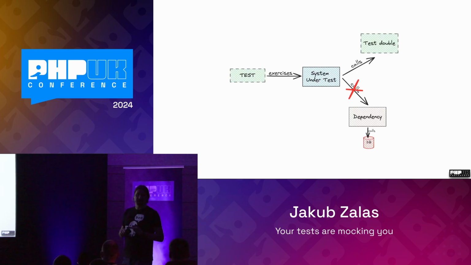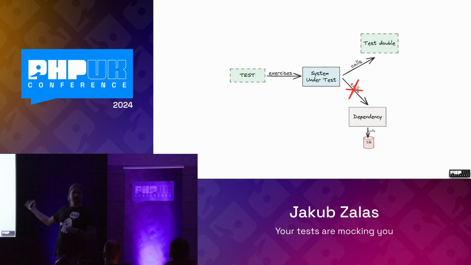One of the reasons might be that the dependency is hard to control. Either we can't control the input that it's supposed to get, or we can't control the output that the dependency produces, or we can't verify that output easily. It might be that if we're working outside in test-driven development, that dependency doesn't even exist yet.